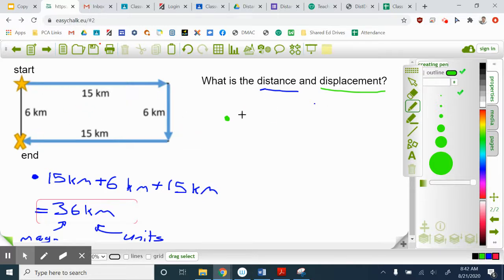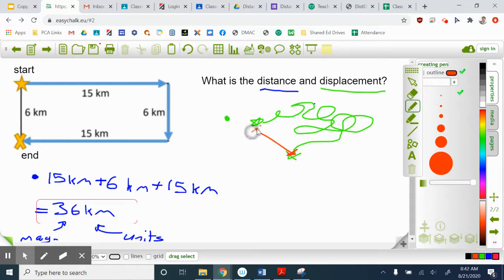Like an object could start here, or a star, and go woo, do all this weird stuff like that, and travel many kilometers, and end right here. But the displacement is only this far. Okay, that's different than what we did here when talking about distance, right?